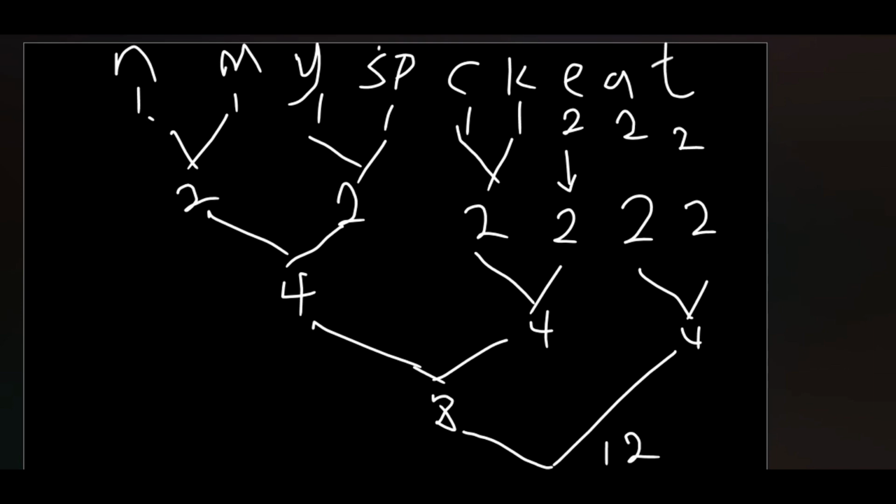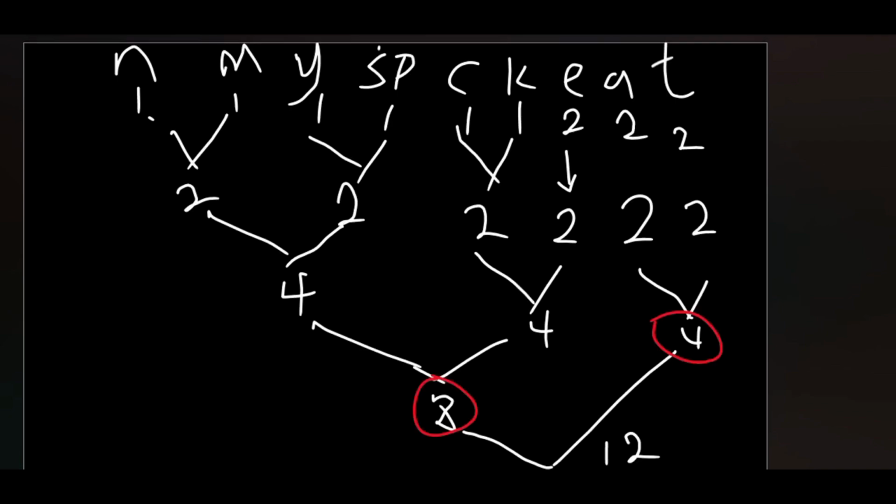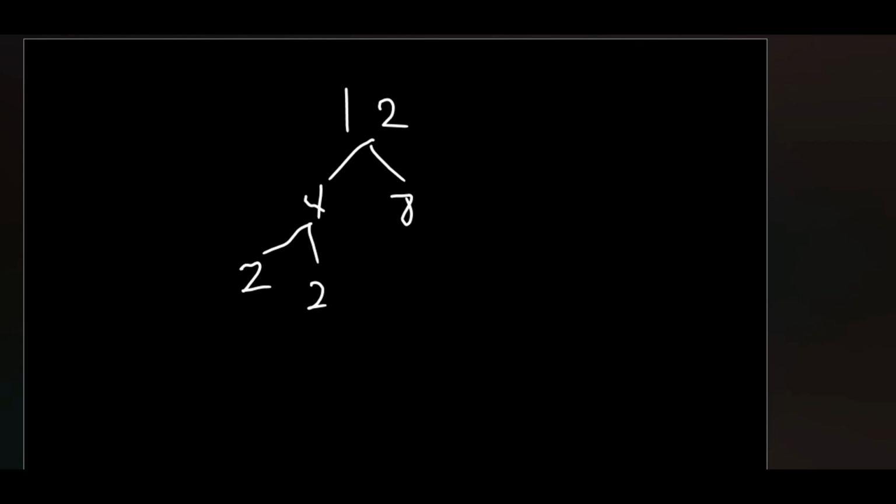You have 4 and then 8. And then what sums to give this 4? We have 2 and 2. And then the 8 is 4 and 4. So let's do that. The 4 there was 2 and 2. We've done that. The 8 is 4 and 4. So let's do that.